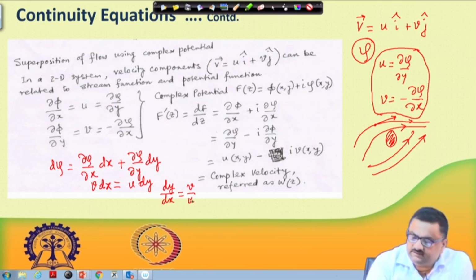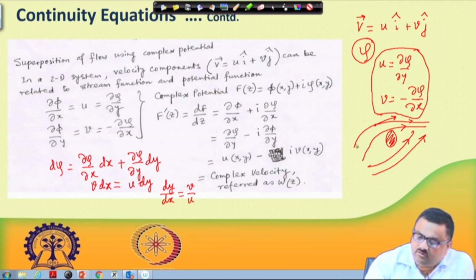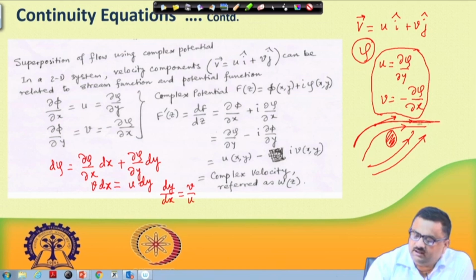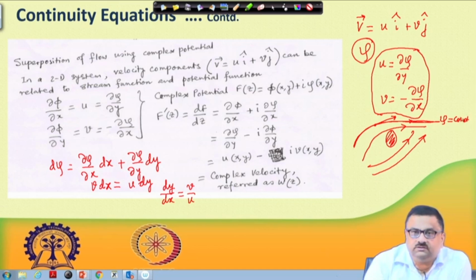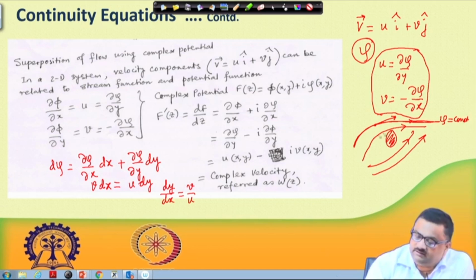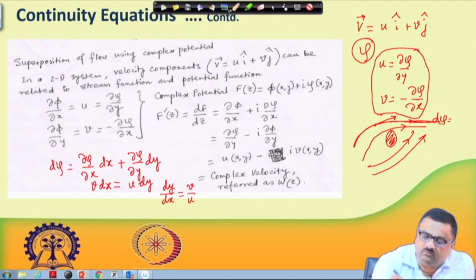So, dy/dx is equal to v/u. So, what does this mean? Suppose I tell you that a streamline is a line along which psi is equal to constant. That means I can say a streamline is the line along which d psi is equal to 0.